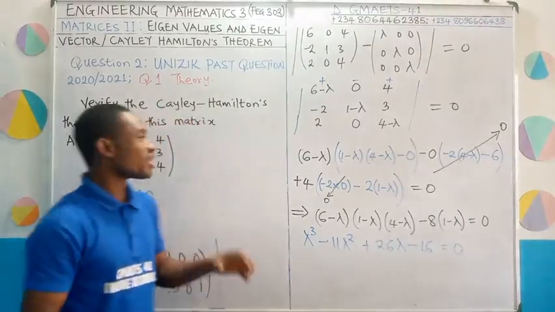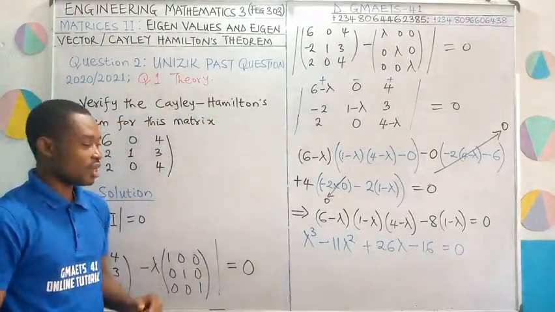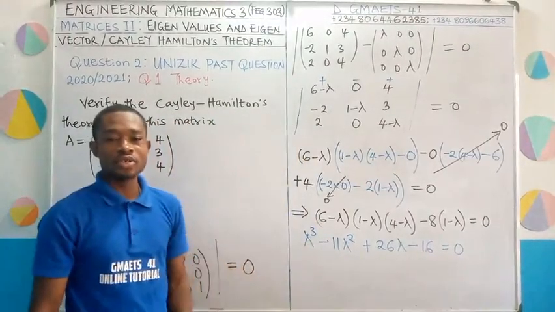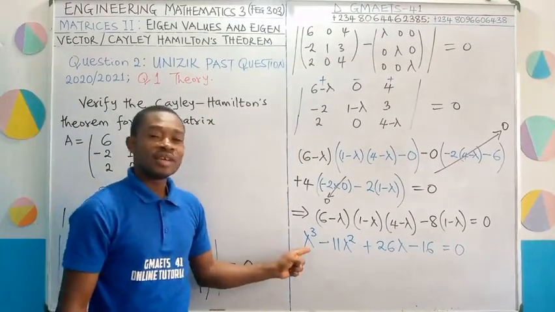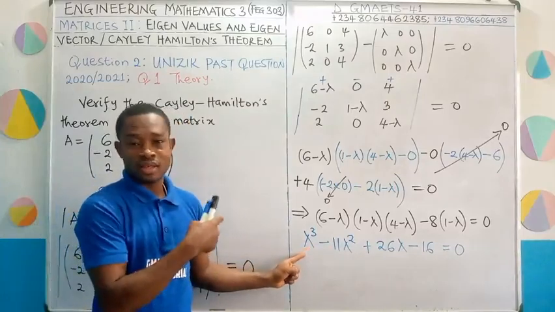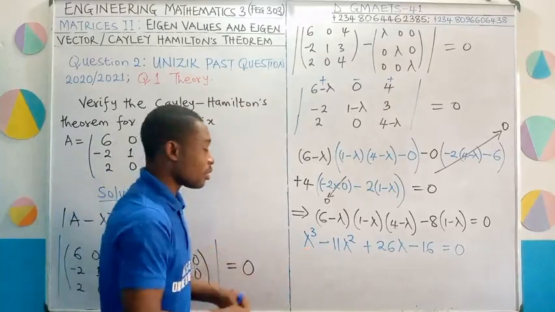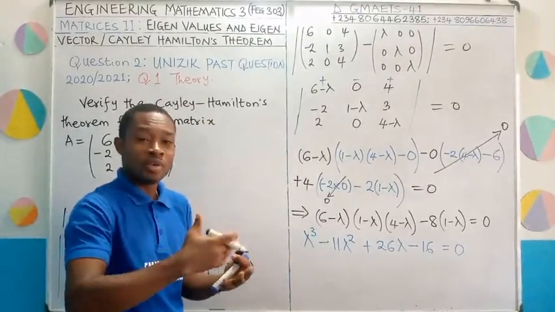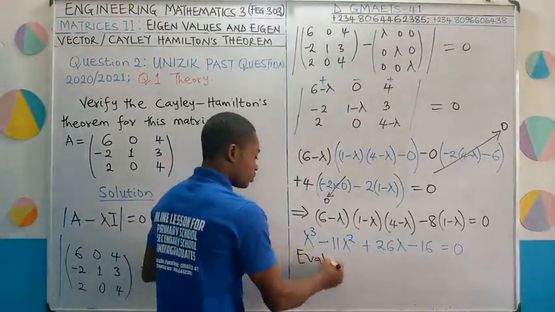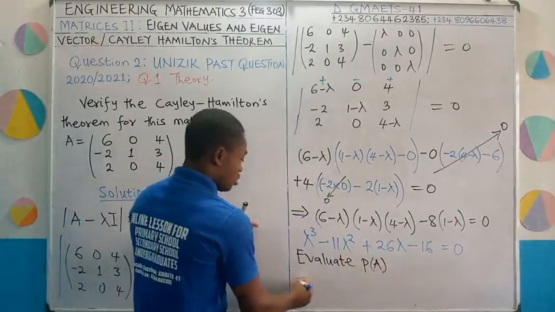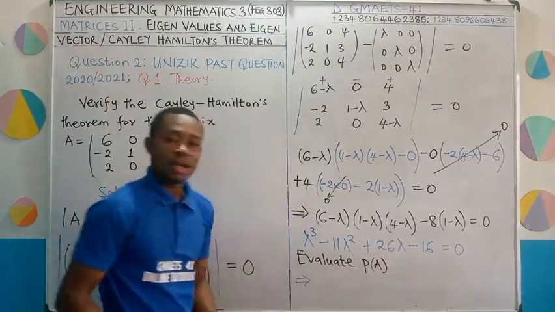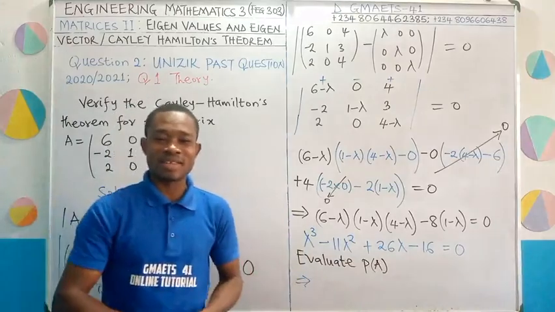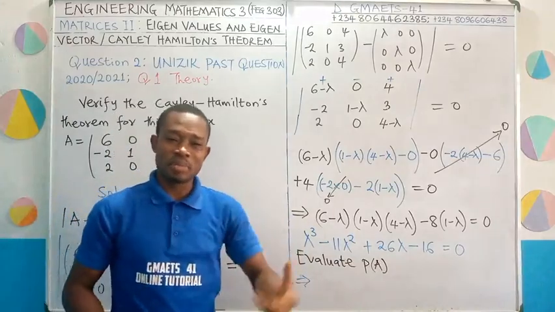Alright, now according to Cayley-Hamilton's theorem, once we are able to get this equation, all we now need to do is to substitute the given matrix for the lambda that we have here, which means I'm going to evaluate P of A, where this P of A represents the polynomial in terms of A. So this means that in place of this lambda, I'm going to put A. It's just like in elementary mathematics where we deal with the remainder theorem, okay?